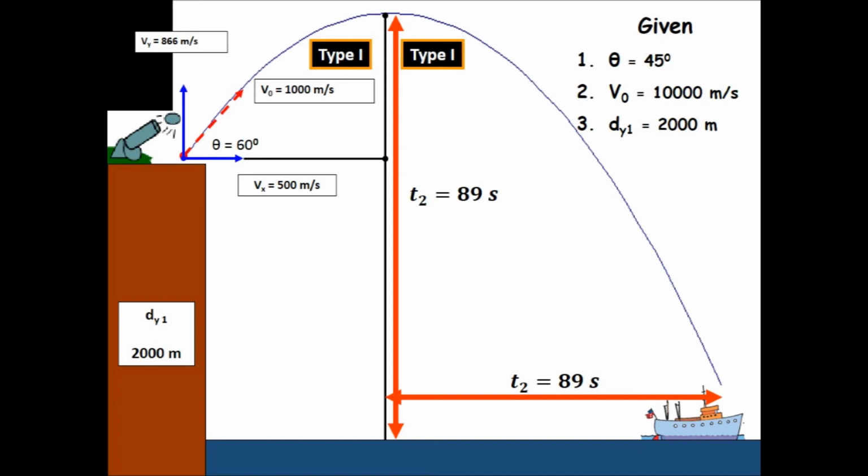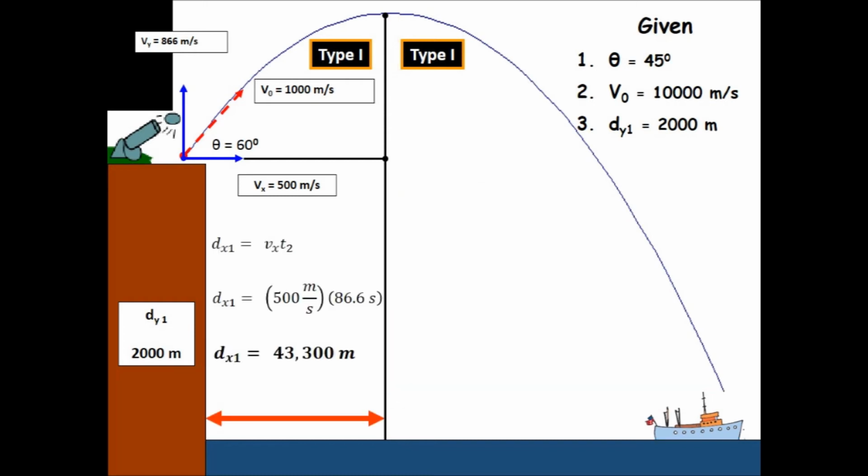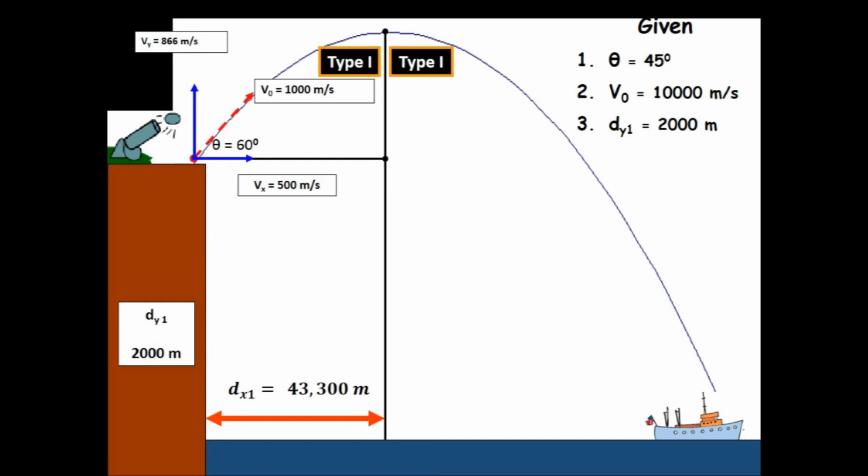We have the T1 time. So the T1 time is going to be 86.6 seconds times 500 meters. That'll be 43,300 meters. And then we take the T2 time, and we calculate how far it's going to go from the T1 boundary to the ship.